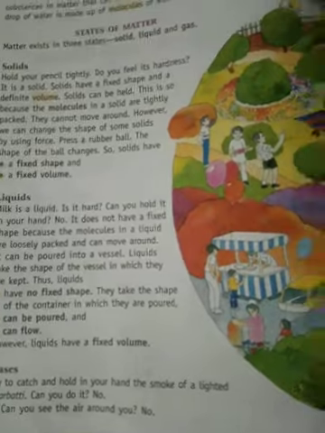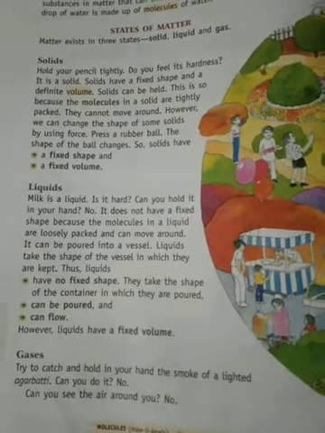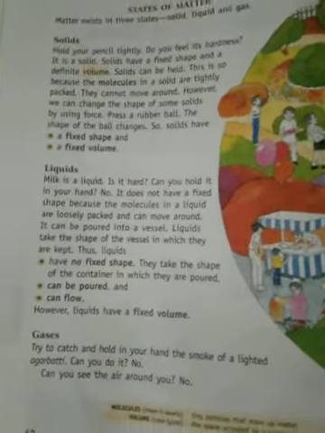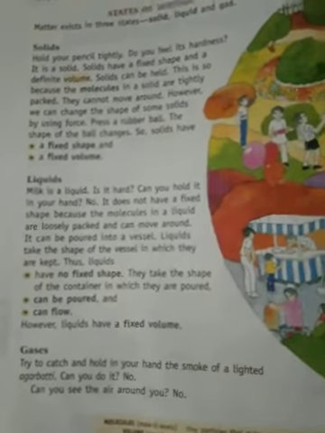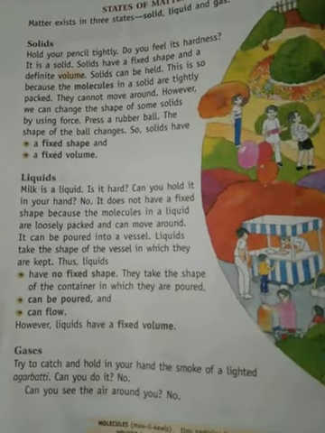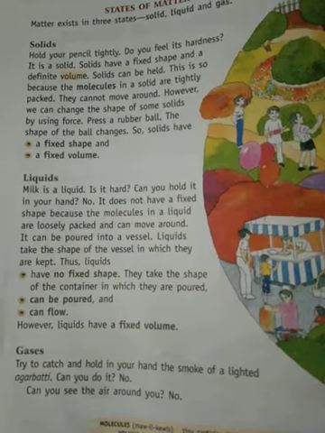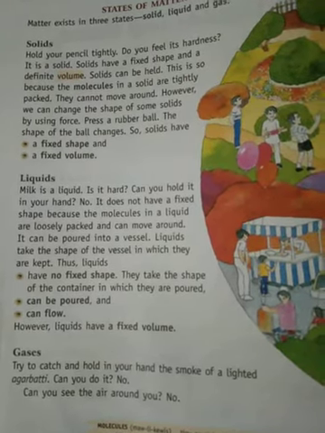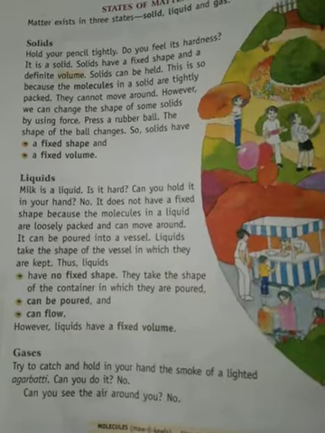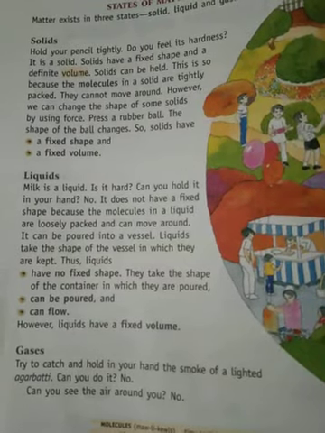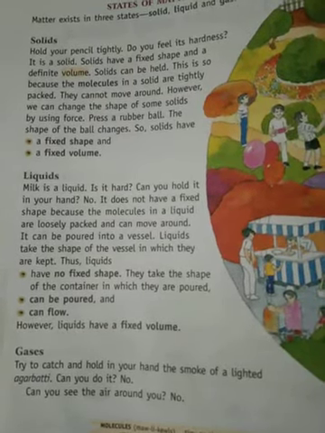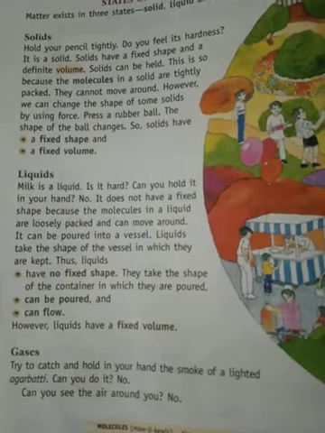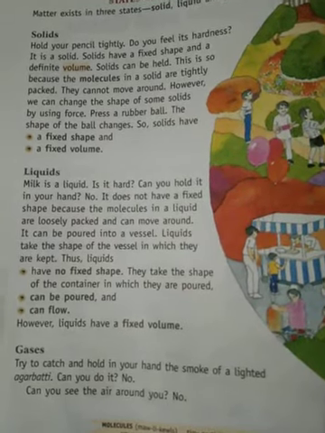Still, we can change the shape of a few solids by using some kind of force. Understood? So if we apply some external force, suppose we are trying to press a rubber ball, then what will happen? We can see that the shape of the ball changes, isn't it? Due to the application of force.